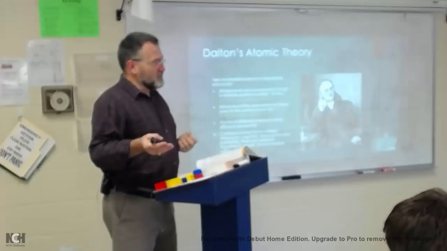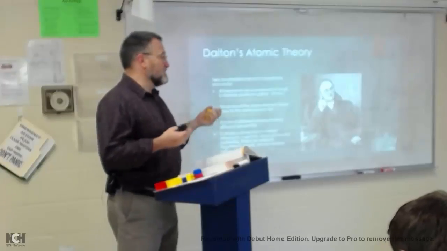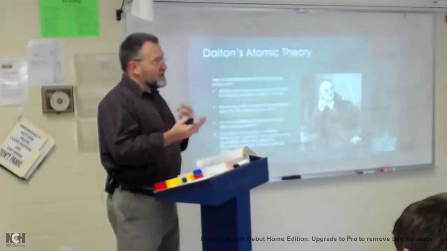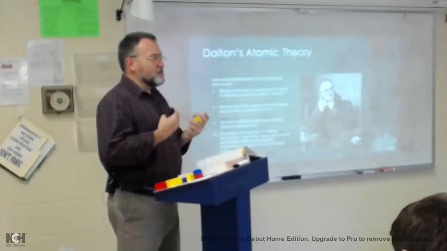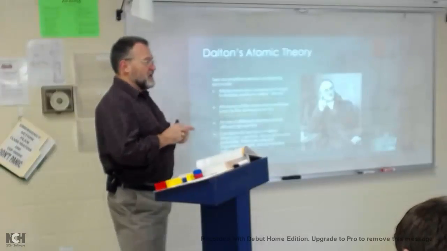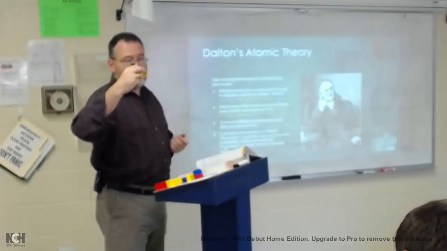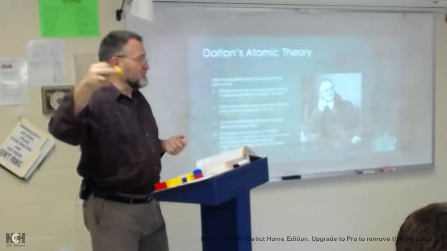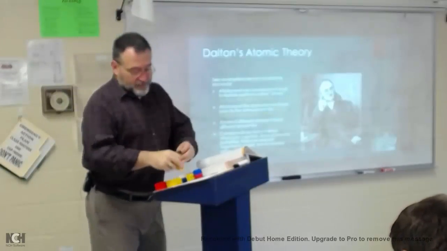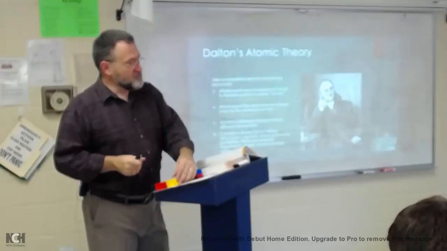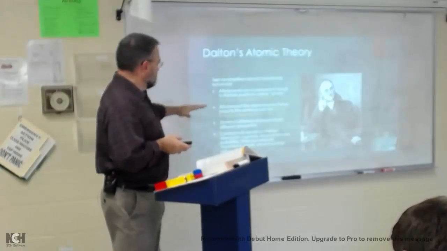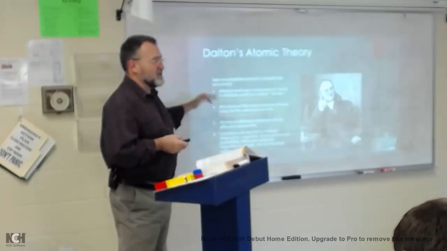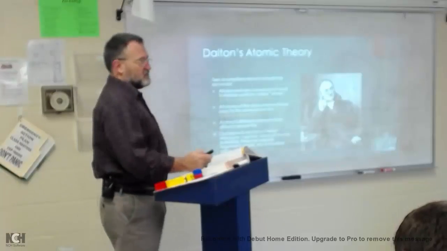The difference between carbon-12 and carbon-14 is the number of neutrons they have, and they're isotopes of one another. So there are some differences between atoms of the same element when we start talking about isotopes. But for the vast majority of the properties we're going to talk about, atoms of like behave alike, atoms of different behave differently.